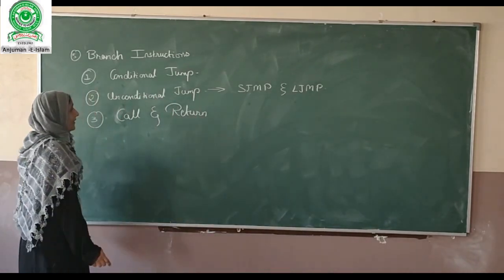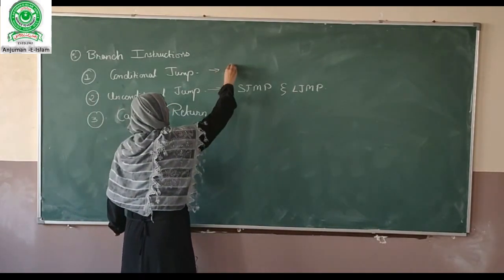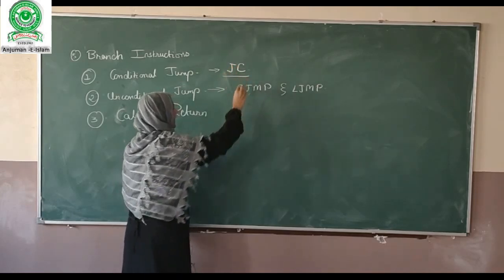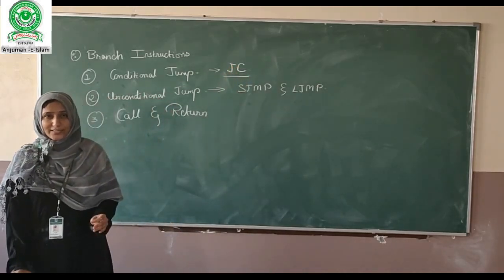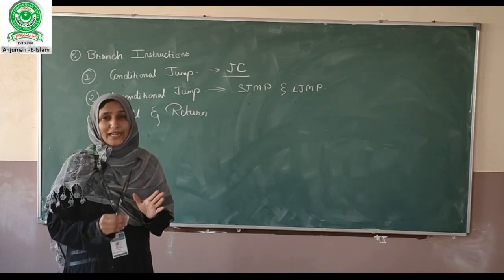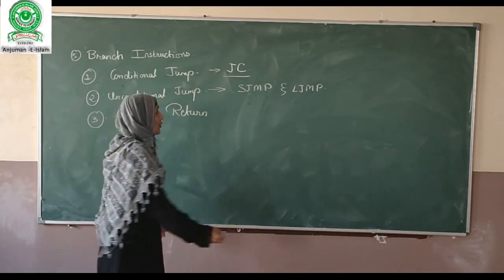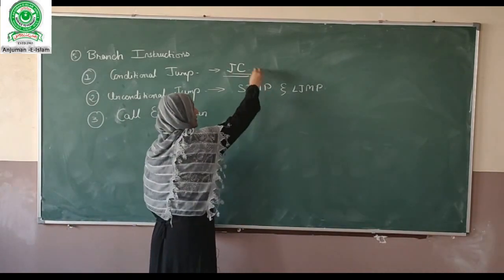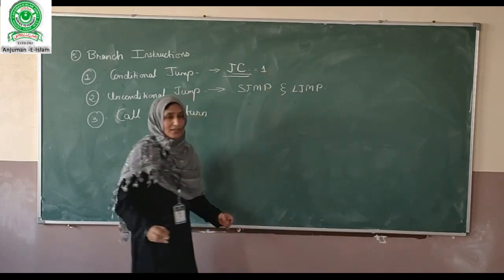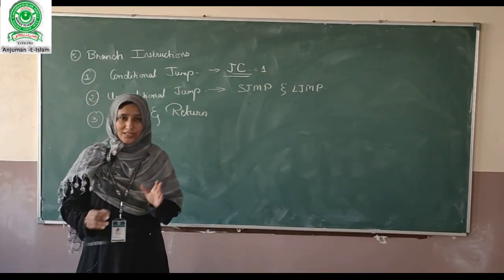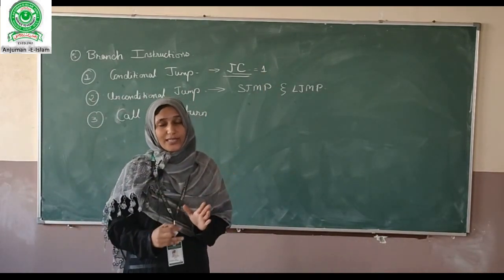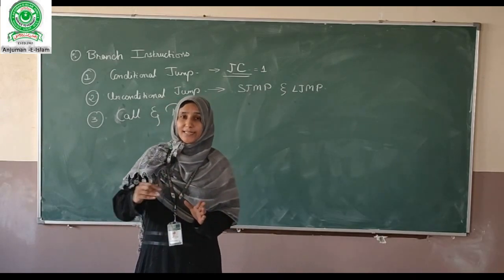Next, the conditional jump. Here, jump if carry is one of the conditional jump statements. The program branching takes place only if this carry flag is equal to 1. So this is known as a condition. The branching in the program will only take place if a particular condition is satisfied.